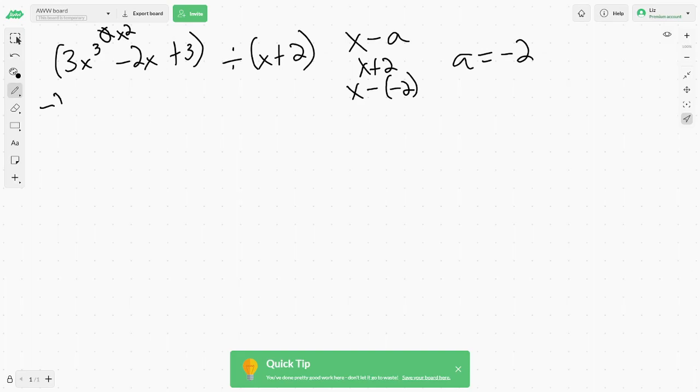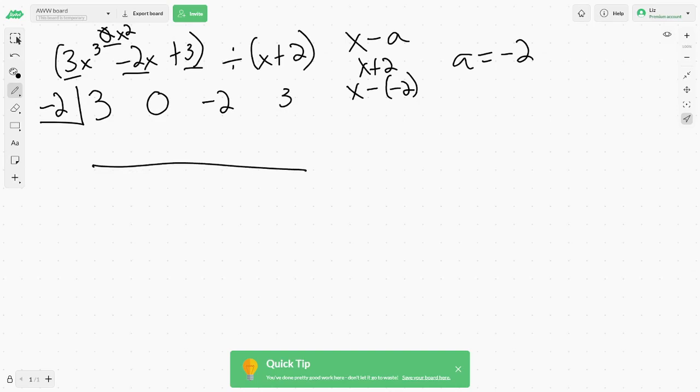Alright, so we put our a in the box up here. We take all of our coefficients, 3, 0, negative 2, 3. And remember, we bring the first number down like this. We're going to multiply that by the number in the box, and that gives us negative 6. 0 minus 6 is negative 6.